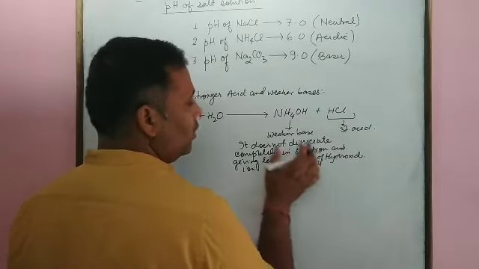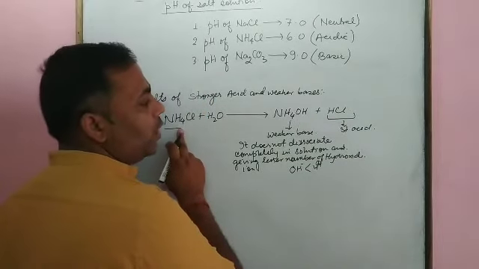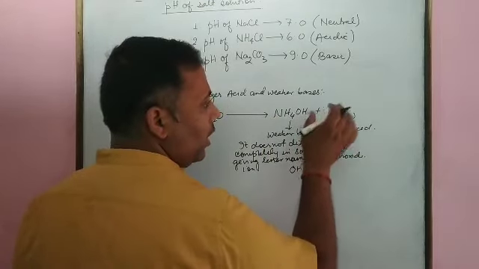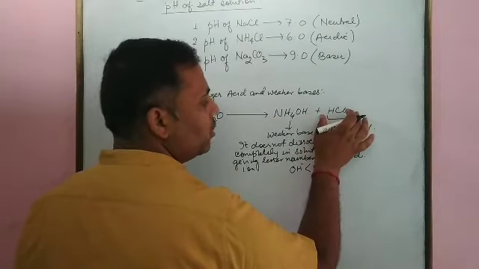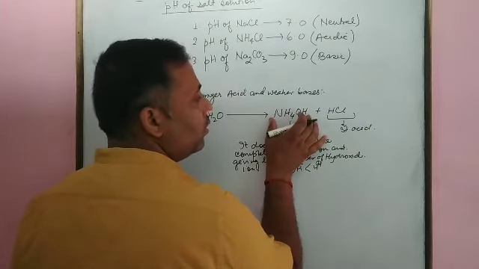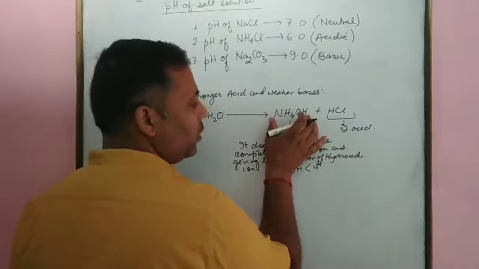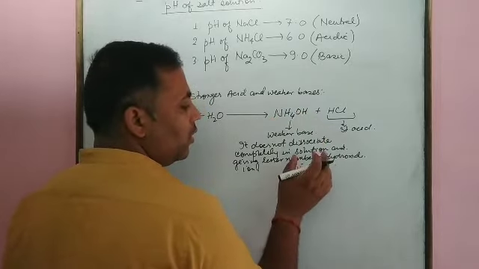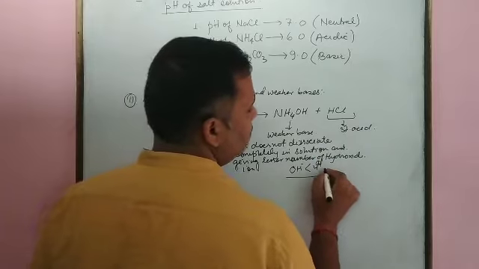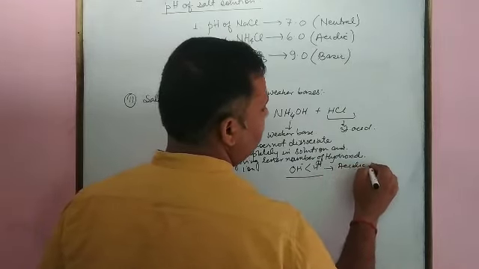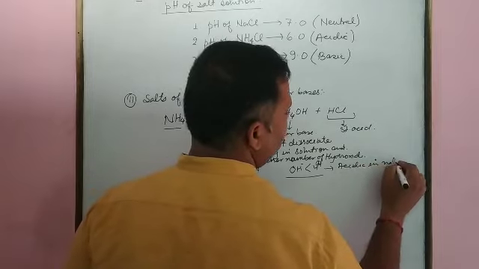On hydrolysis of ammonium chloride, ammonium hydroxide and hydrochloric acid are produced, and hydrochloric acid, being a stronger acid, produces more H plus ions in comparison to ammonium hydroxide, a weaker base, which produces fewer OH minus ions. Hence, the solution is acidic in nature.